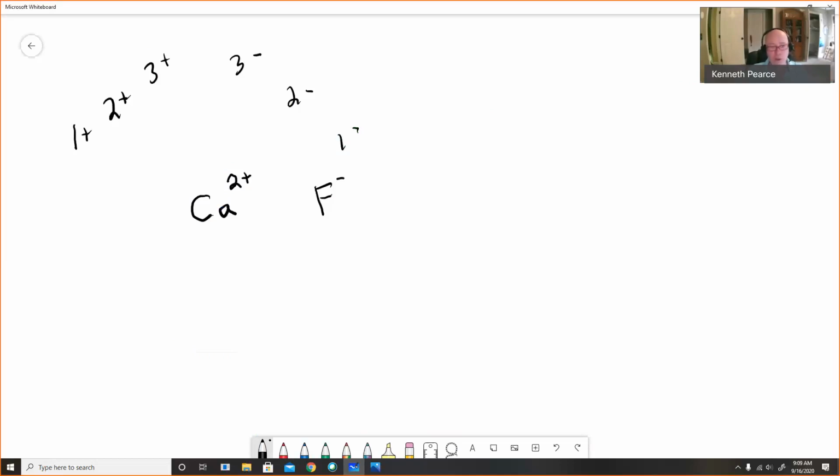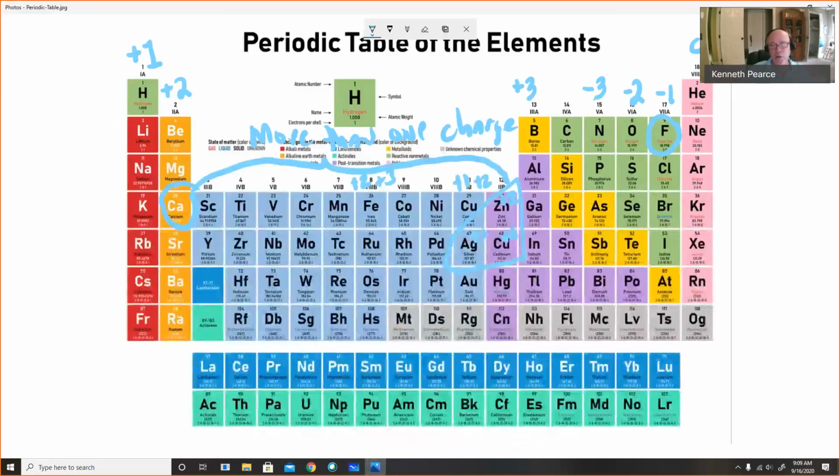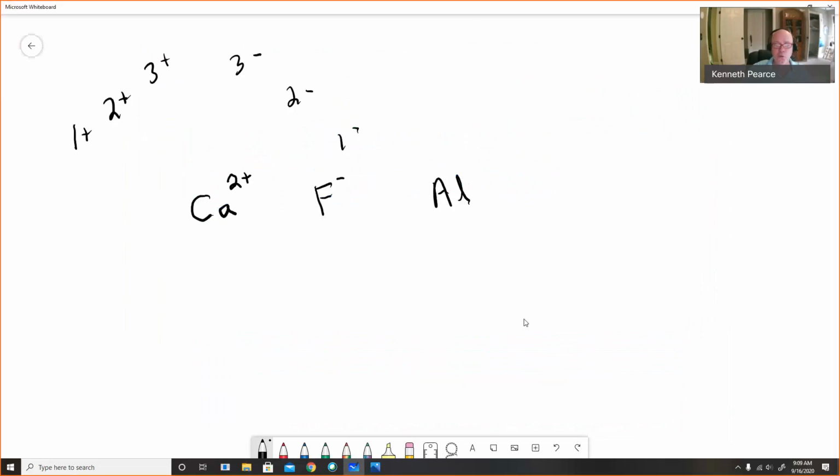We can do that for any of the common elements that fall underneath those columns. We look for aluminum and we see it's in the 3 plus column. This is very handy: as long as you have a periodic table in front of you, you have the charge of whatever it is.